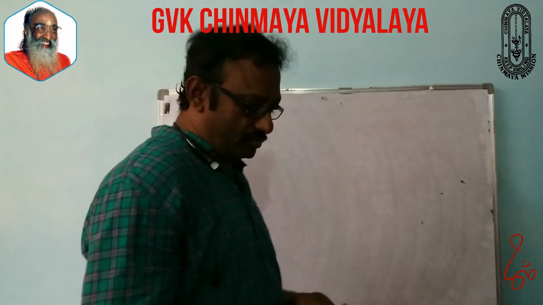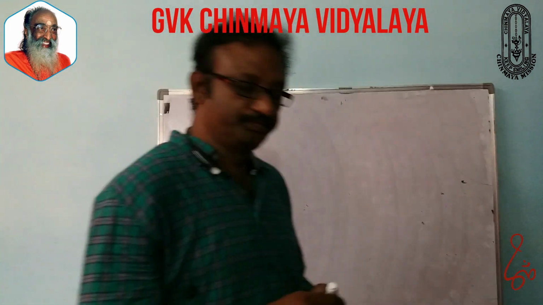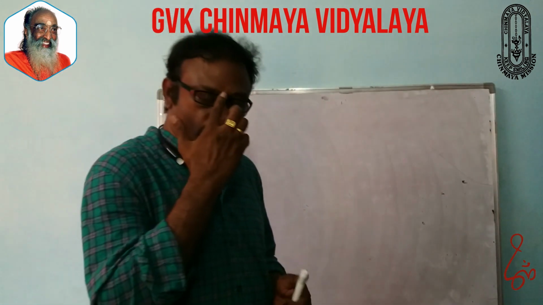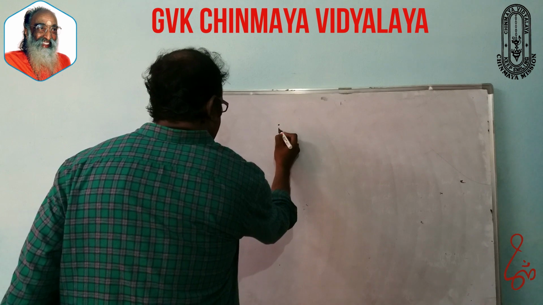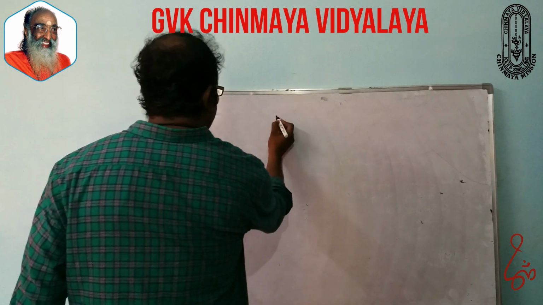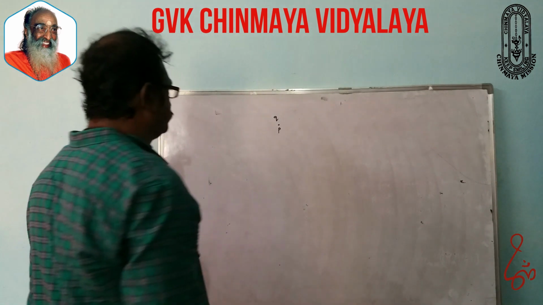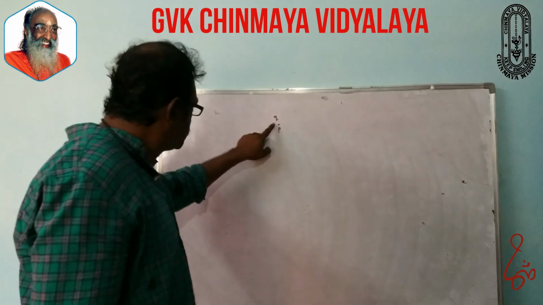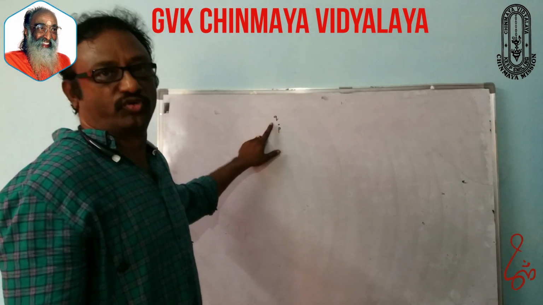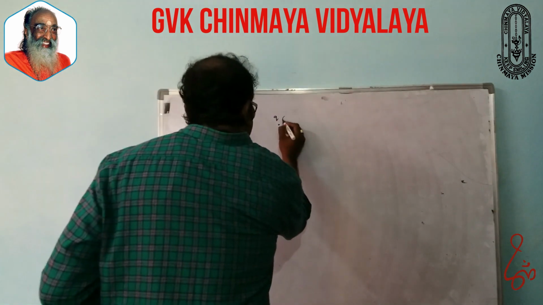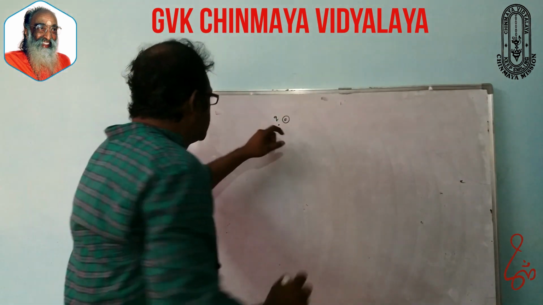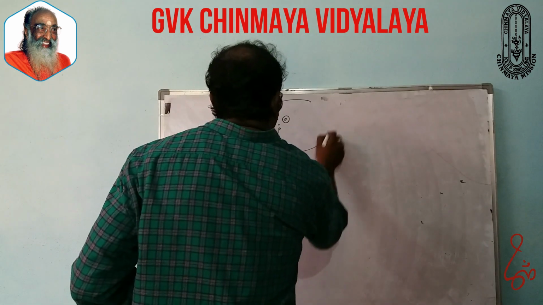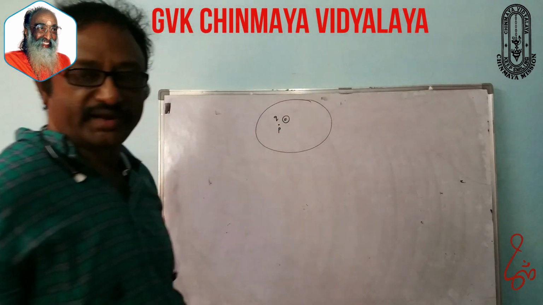Okay, now we'll go with an important concept here. Suppose a charge Q is kept at a point, and if it experiences some force, that means it is placed in a field called the electric field.